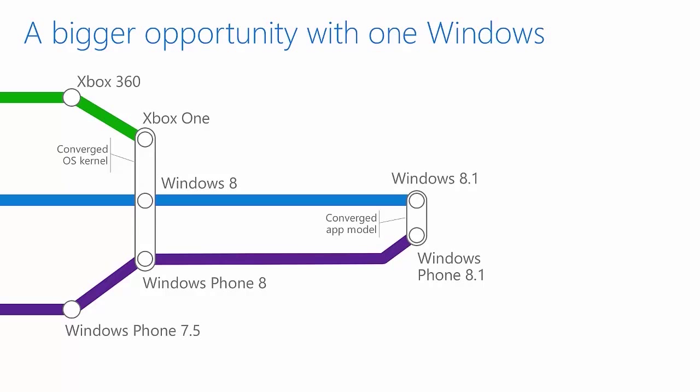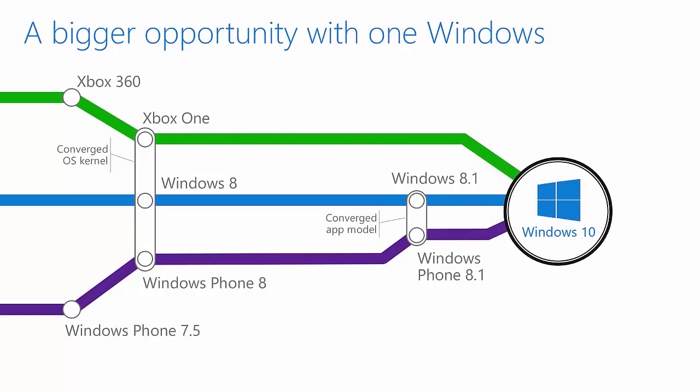However, we are still talking about two different projects with two different stores. So when you create a Windows 8.1 or Windows Phone 8.1 application, you still have to create two packages which need to be submitted and maintained on two different stores.